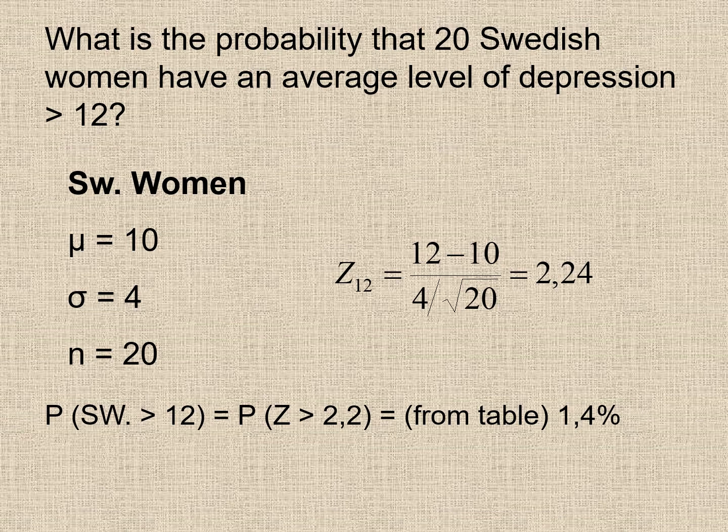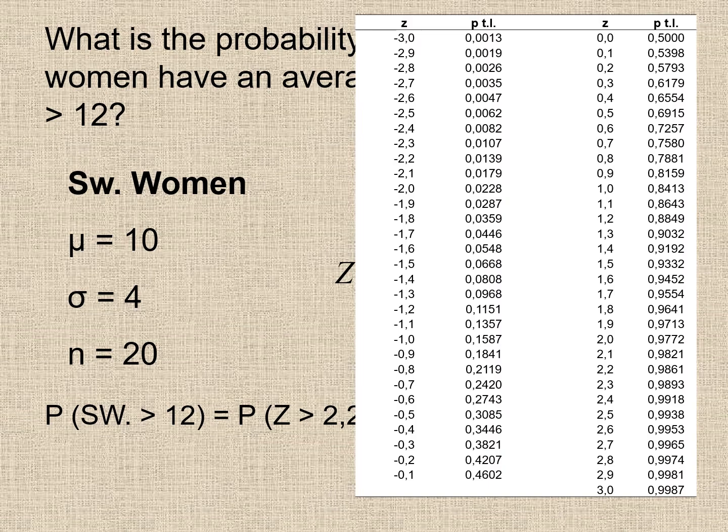Well, it's the same as the proportion of the z-distribution that is above, meaning to the right of, the value 2.2. So again, let's have a look at the table with the z-values. So let's find the value 2.2. We see it here, there it is, 2.2. What does it say? It says 0.9861.